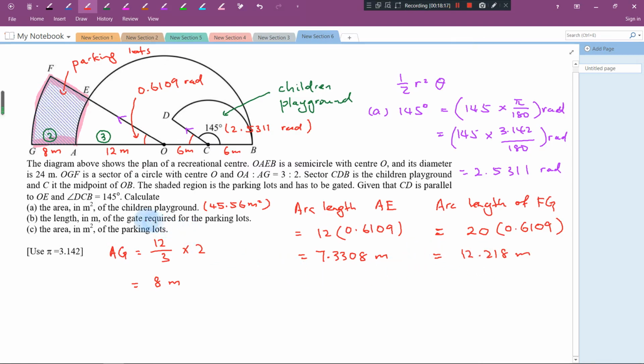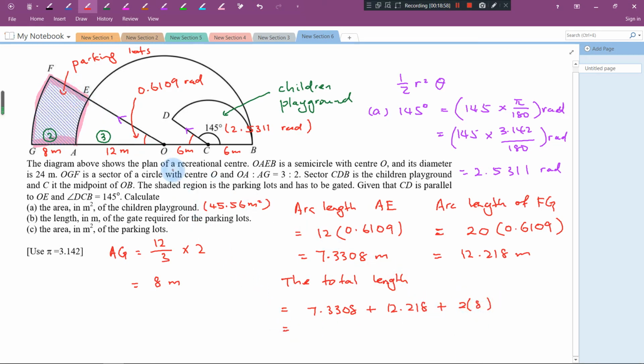Okay, now we can proceed to the last step, the total length of the gate required. You can write the total length of gate required. If you don't want to, you just write the total length, it's okay. So we have to take this, which is 7.3308, plus this one, which is 12.218, and plus 8 and 8, right? 2 times of 8.